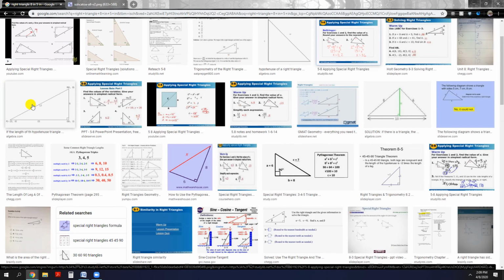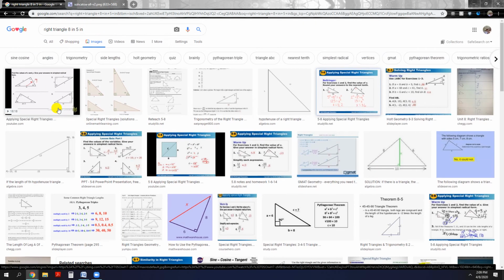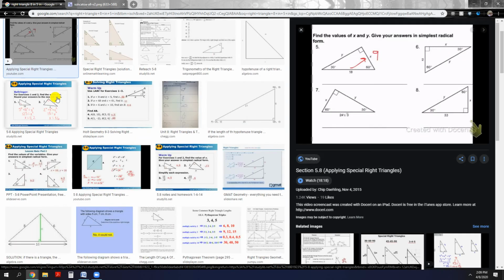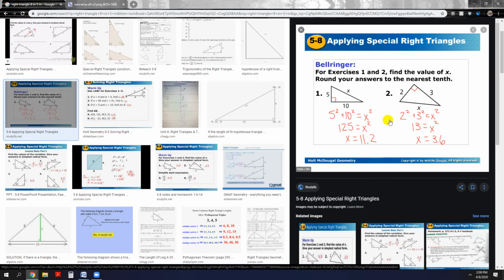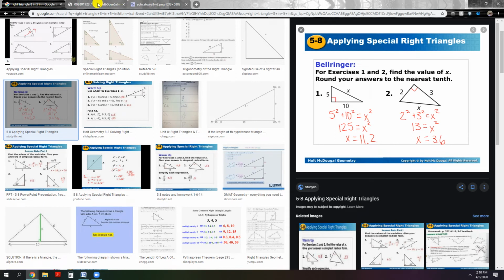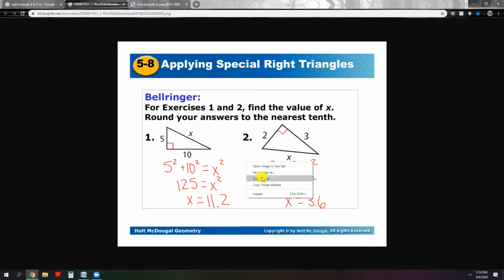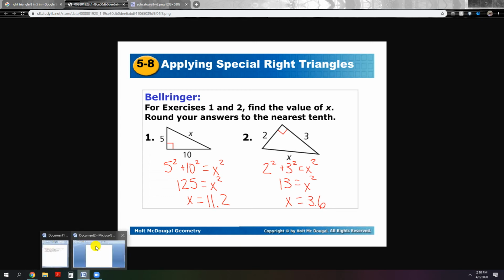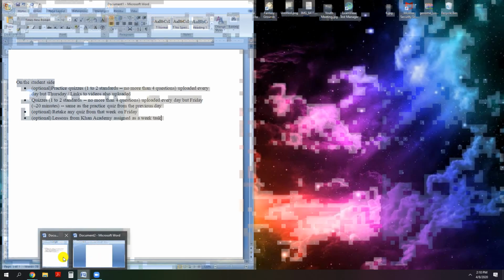Let's just steal this one anyways. Open image in new tab. We're just going to copy this. We don't even care about the math that they did because it's not really relevant for what we're doing.